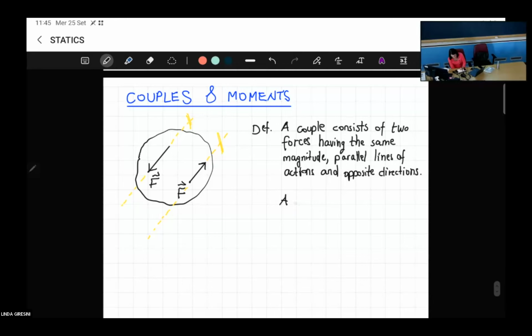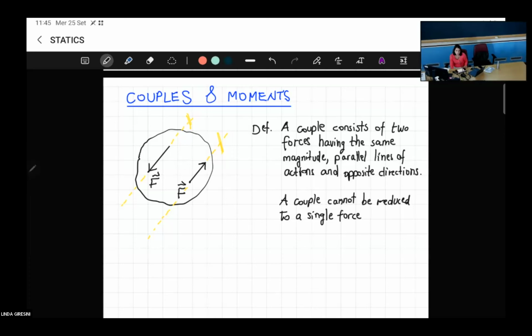So a couple cannot be reduced to a single force, differently from concurrent forces.